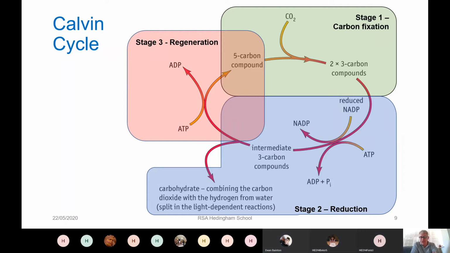Once you've had 6 carbon dioxides added to the cycle, so in other words you've been around 6 times, then you can form a molecule of glucose. Okay, but 5/6 of the carbons get recycled every time.